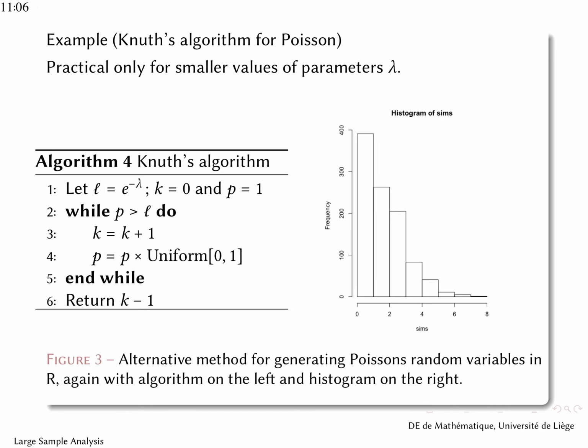An alternative method for generating a Poisson random variable is given by Knuth's algorithm. This algorithm is basically the same as the previous, but we have rewritten the comparison. In the previous algorithm, we compared a sum of exponentially distributed random variables with the value 1.